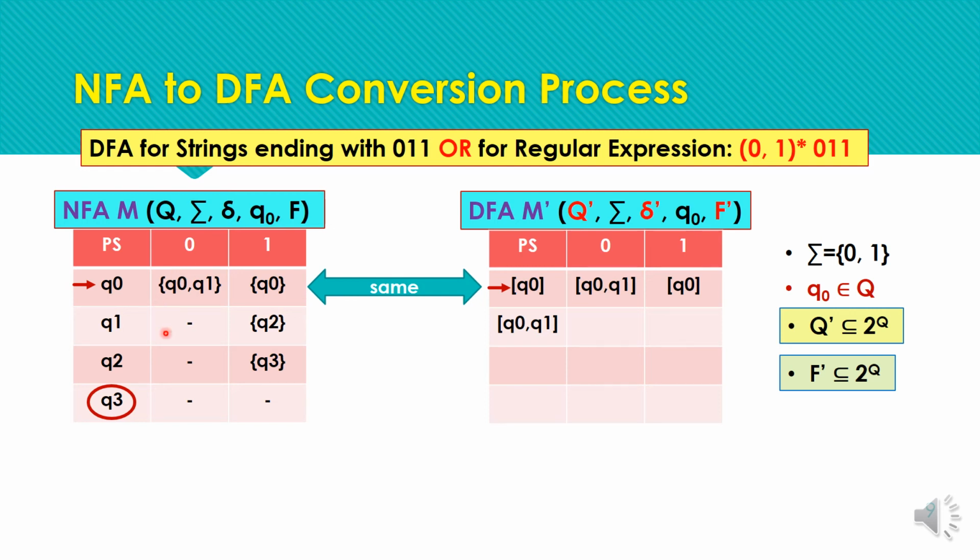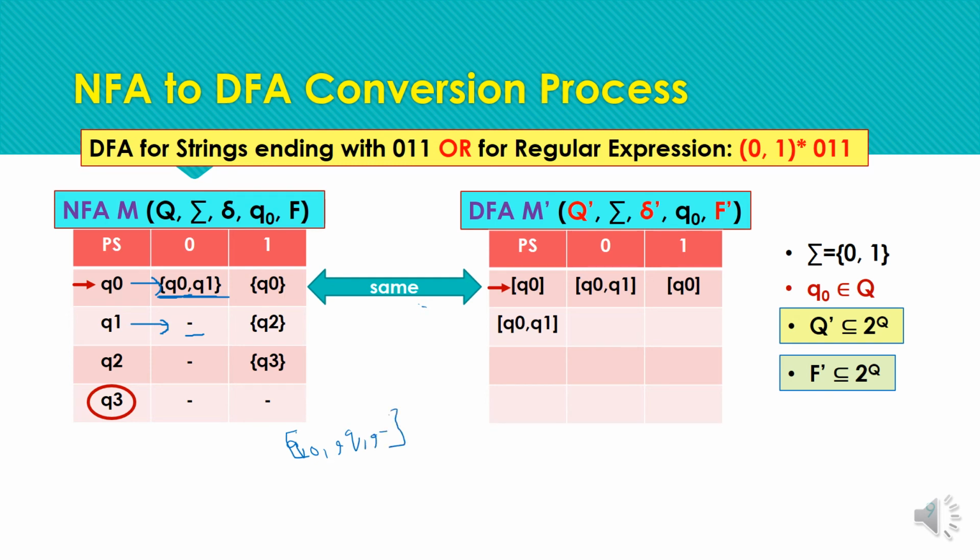As we have the transitions for 0, from Q0 to this state and from Q1 to this state, we have to consider this and also this. So the resulting set will be Q0, Q1 and nothing.